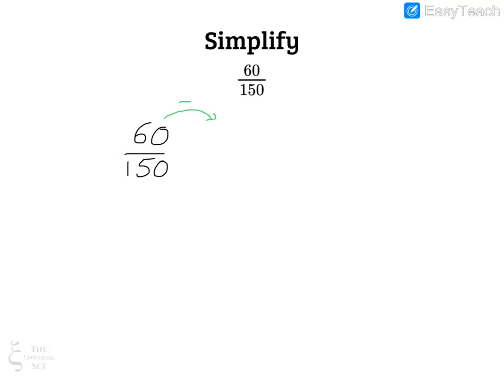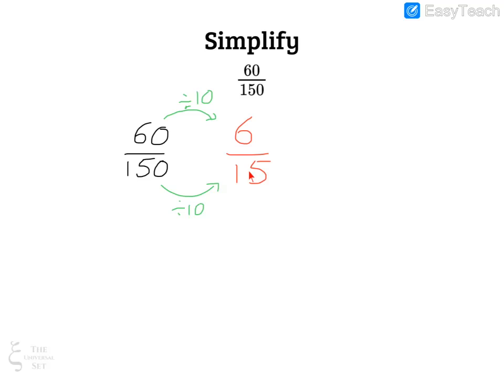So I can divide by 10 on the top. And I can divide by 10 on the bottom. And if I do that, how many 10s make 60? Well, 6 of them. How many 10s make 150? Well, 15 of them.